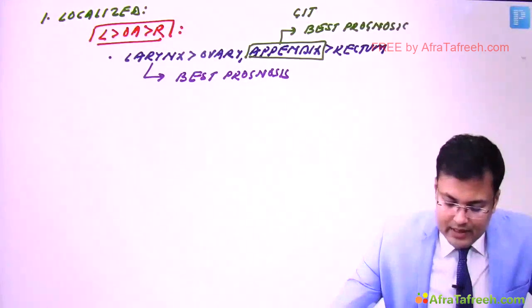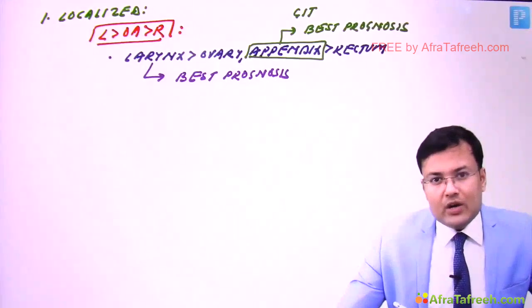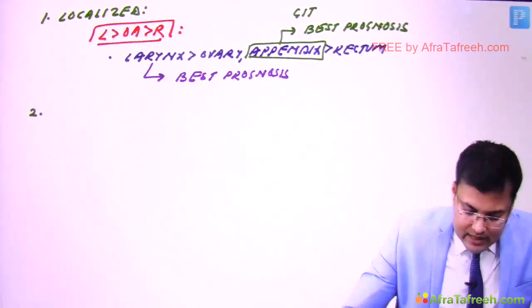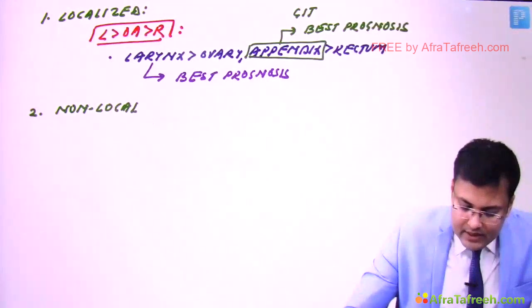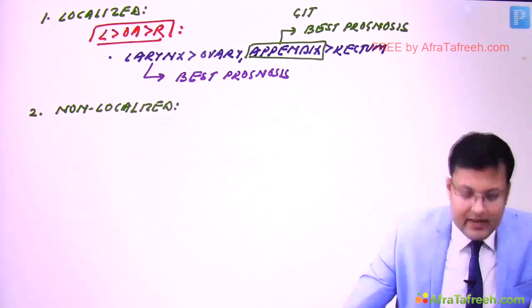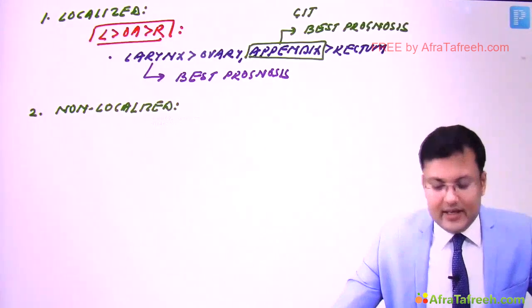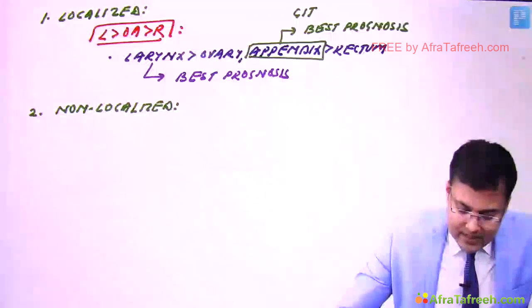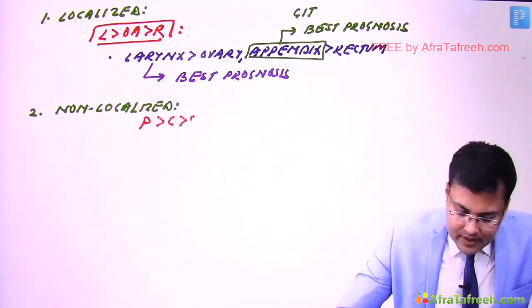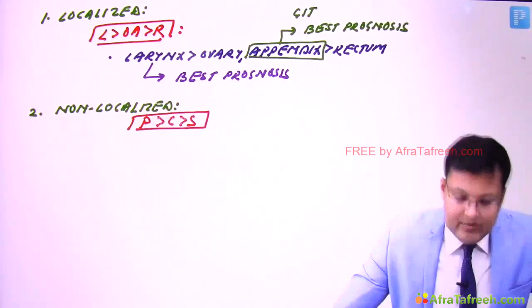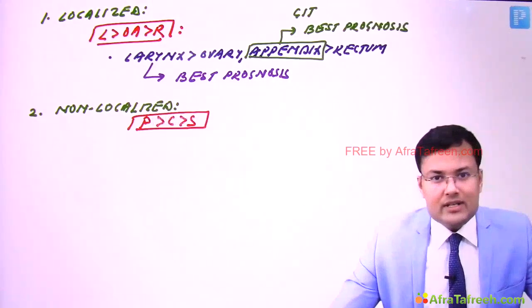Simple. Now see the types of non-localized carcinoid. Non-localized carcinoids have a high risk of metastasis, and here the mnemonic is PCS. P means pancreas, C means colon, S means small intestine.